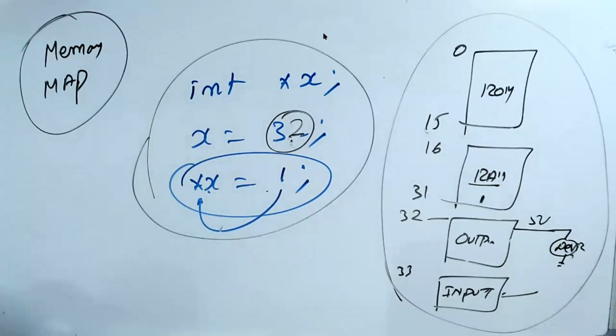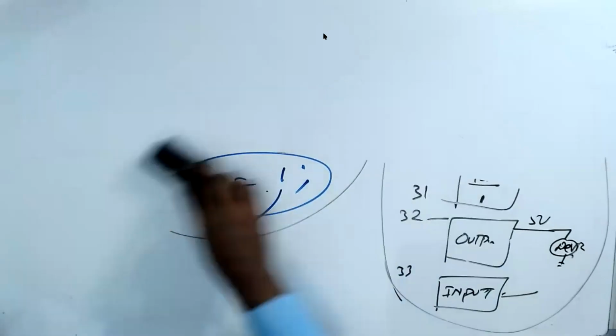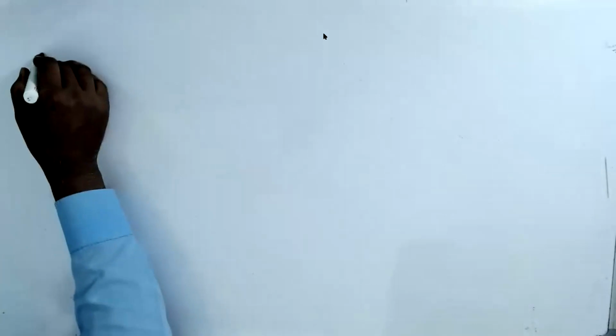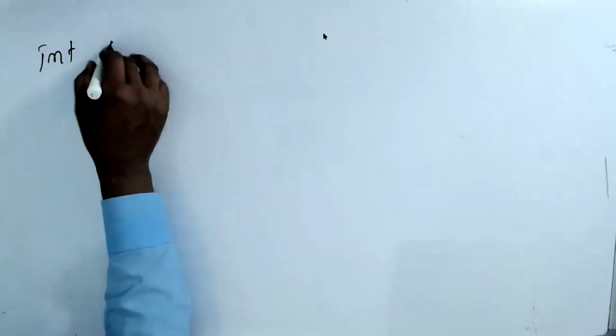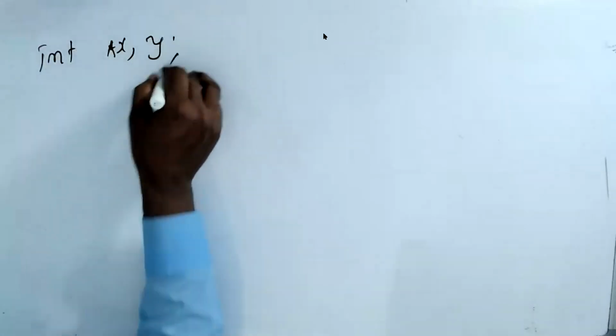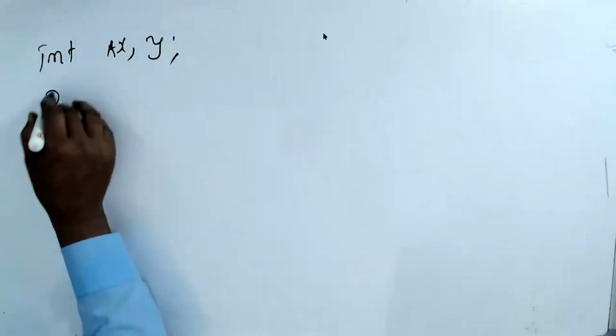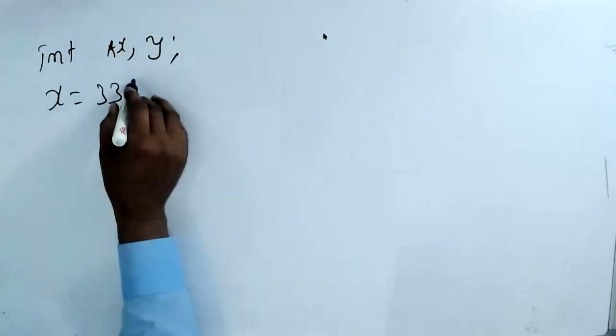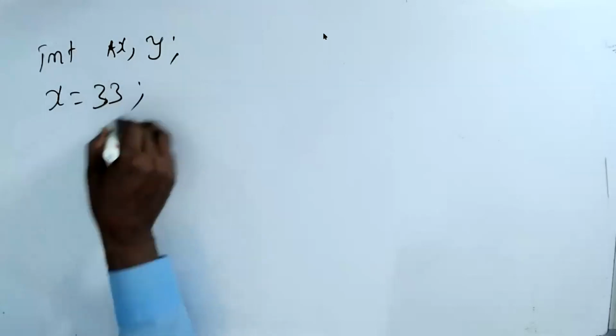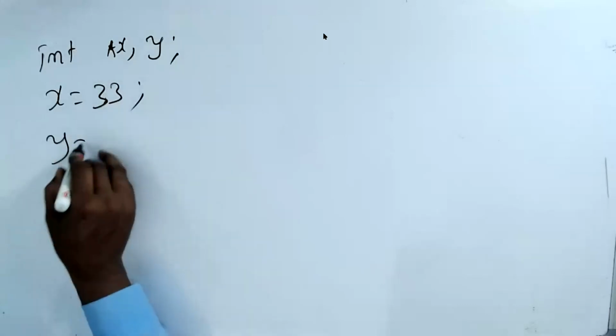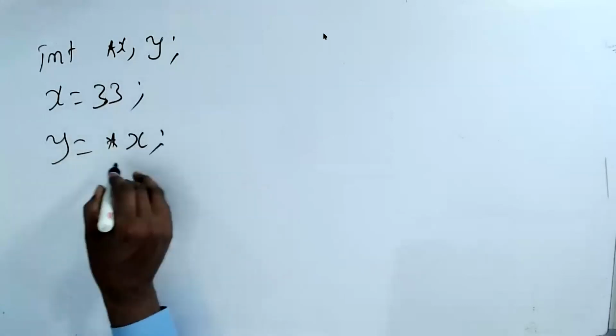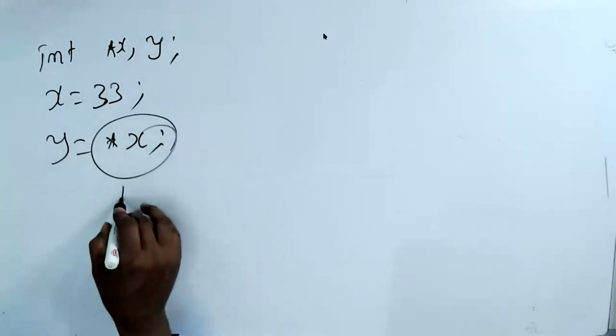Now, let me write another program. int *x, y; x = 33; y = *x. Now *x is coming on the RHS side.